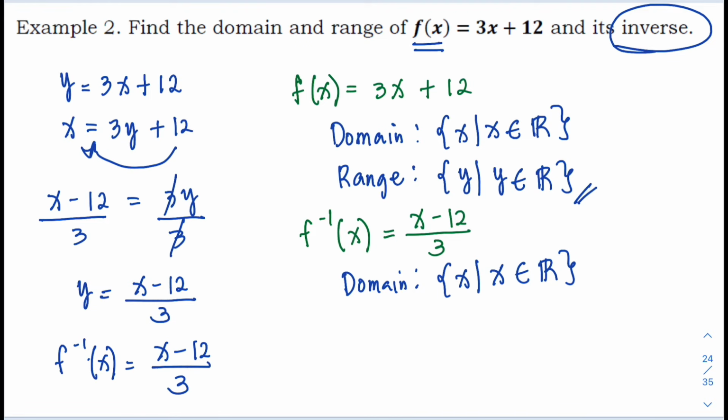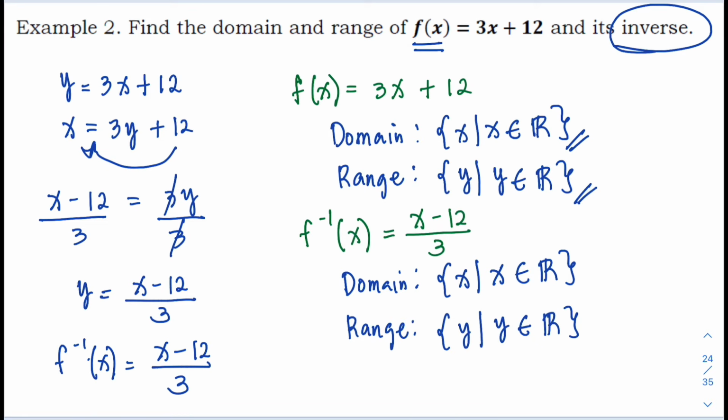Okay? Then yung range naman natin, so doon sa ating domain ng original function, wala tayong restriction. So ang range natin dito is the set of all y such that y is the set of all real numbers din.